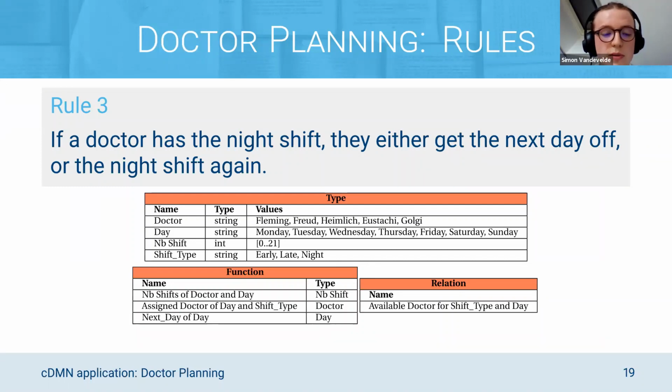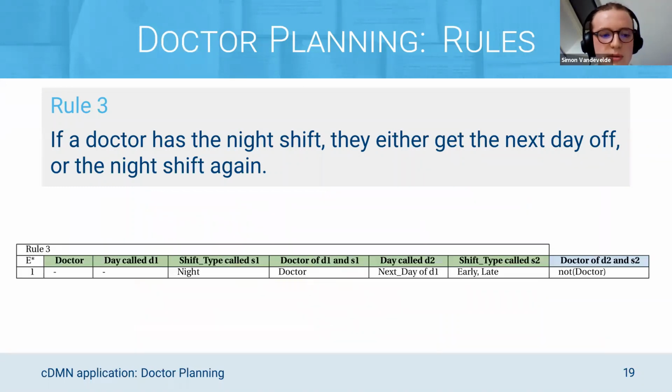And then to implement this in a constraint table, we do it as follows. We state that for every doctor and every day D1 and every night shift type, if the doctor is assigned to D1 and this night shift type, then for the next day, he can only work the early or the late shift.